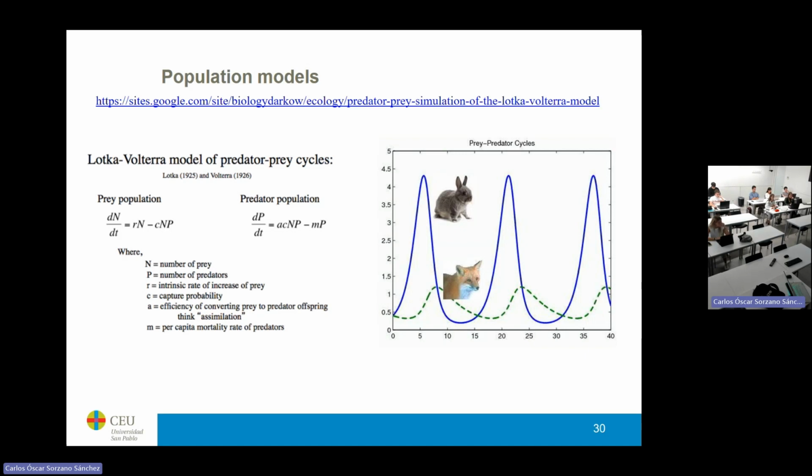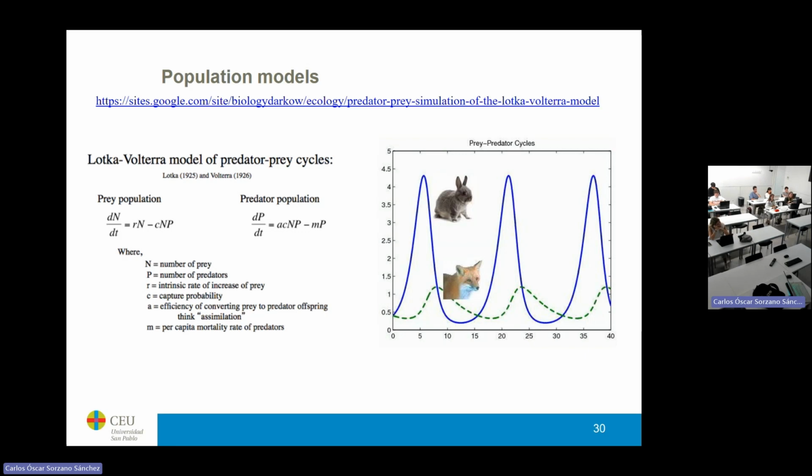And then, because there are so few rabbits to eat, the number of foxes again goes down. This is the reason why it was going down here. It goes down until you reach a minimum of foxes. And then when you have a minimum of foxes, the number of rabbits goes up again. And at the end you have cycles there.